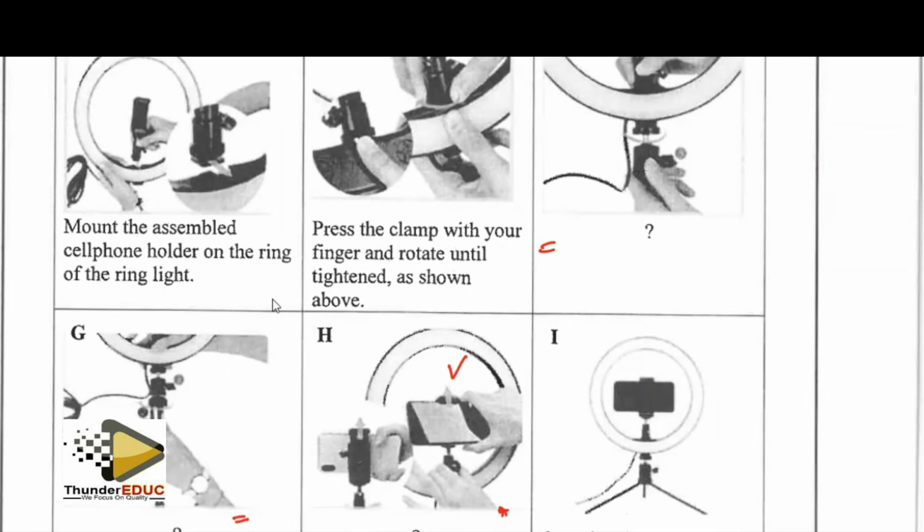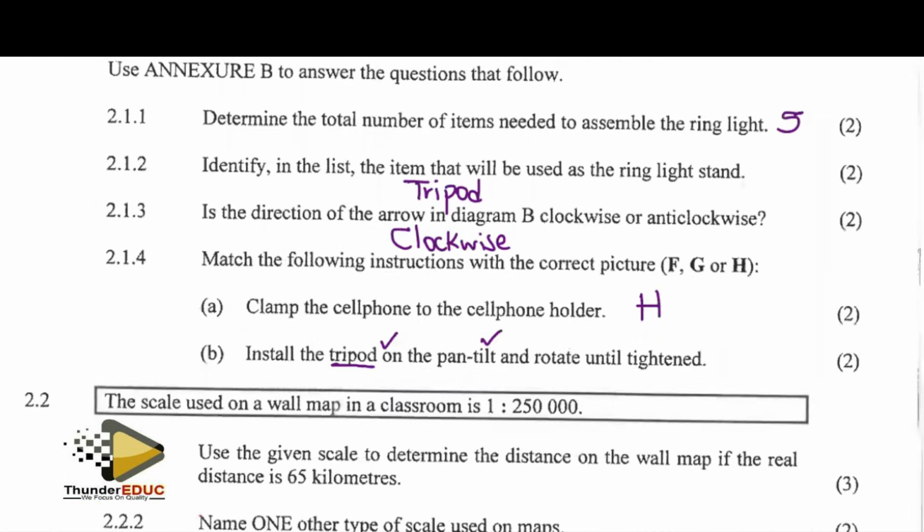It's G, because it has a tripod and a pan tail. So it's supposed to be G. F is nowhere to be seen.